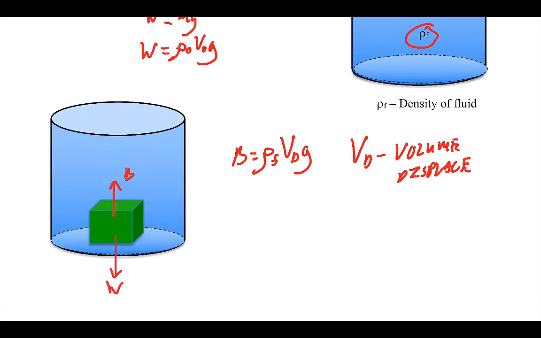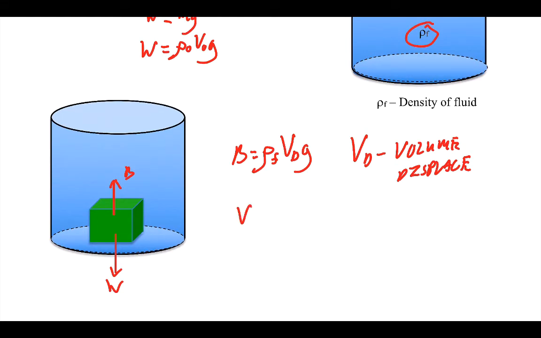Now, if something is entirely inside the fluid, that means the volume of the object and the volume displaced are the same thing. And that can be really convenient in many cases. However, if the object is floating, that's not going to be true. So what we're going to have to do is look at a couple of examples of both.